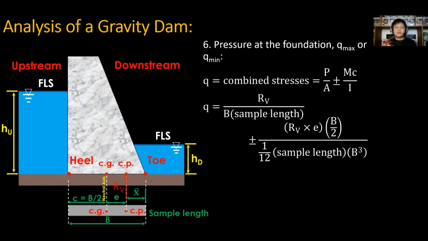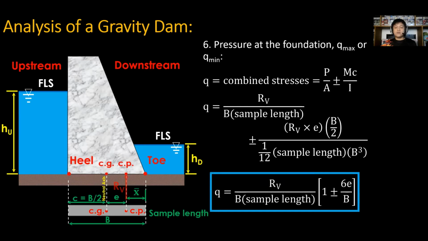Simplify by extracting RV over B times sample length. Therefore, Q is equal to RV over B times sample length multiplied by the quantity 1 plus or minus 6E over B, where RV is the vertical reaction, B is the base of our section or the dam section, then sample length is either 1 meter or 1 foot, then E is the eccentricity distance from center of gravity to center of pressure, or CP, then B again is our width.